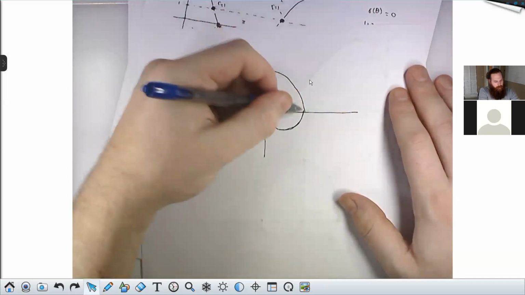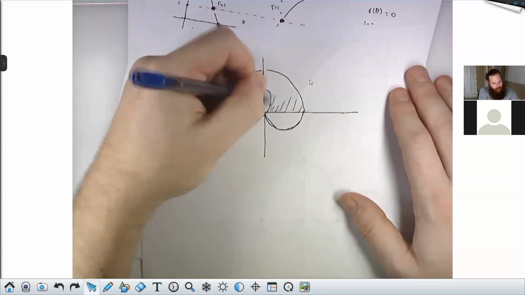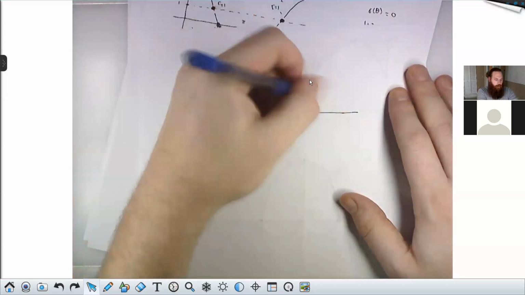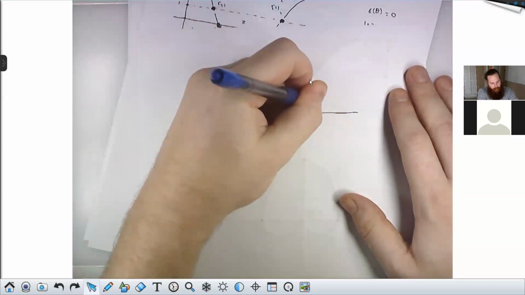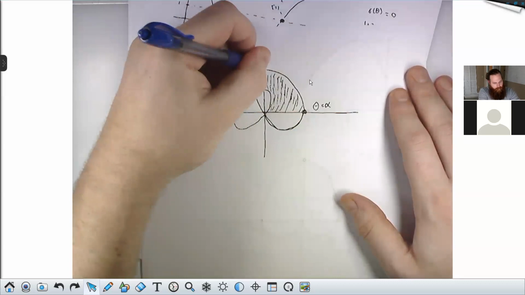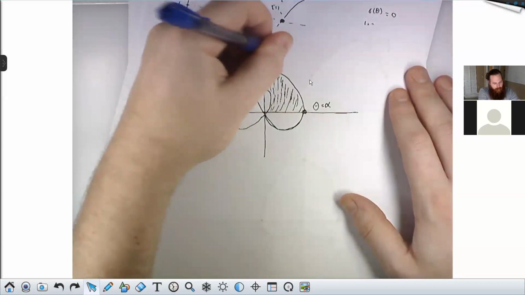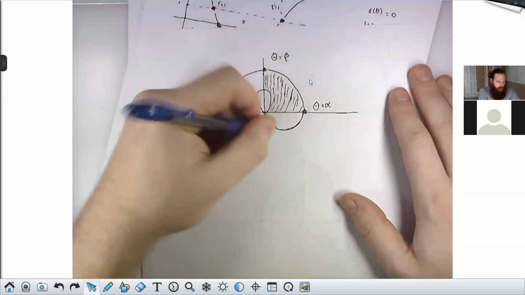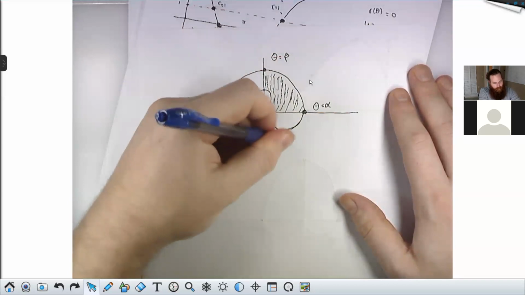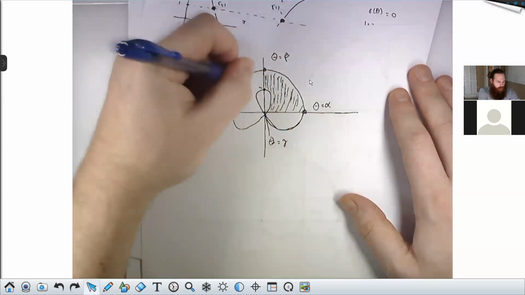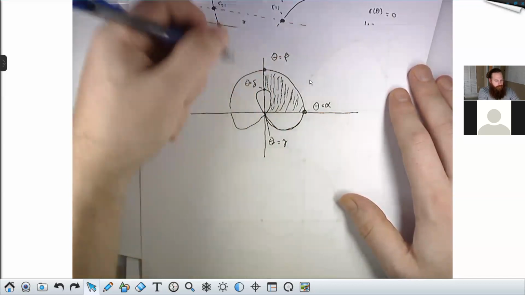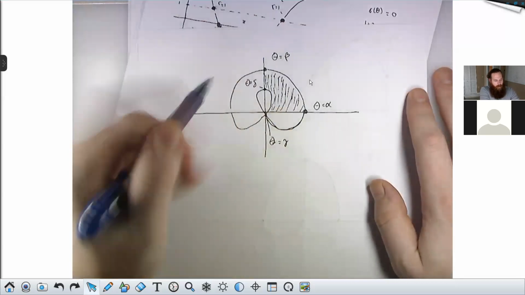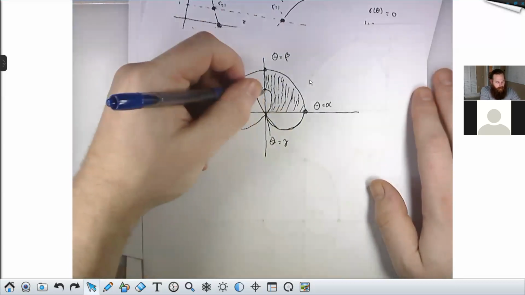If I wanted to find, say, this area, not including the area inside the loop, just the area outside the loop, if this piece comes from theta equals alpha, and this comes from theta equals beta, and then this loop starts here when theta is, say, gamma, and this piece right here is theta equals delta, then we would do the integral from alpha to beta and then subtract from that the integral from gamma to delta.